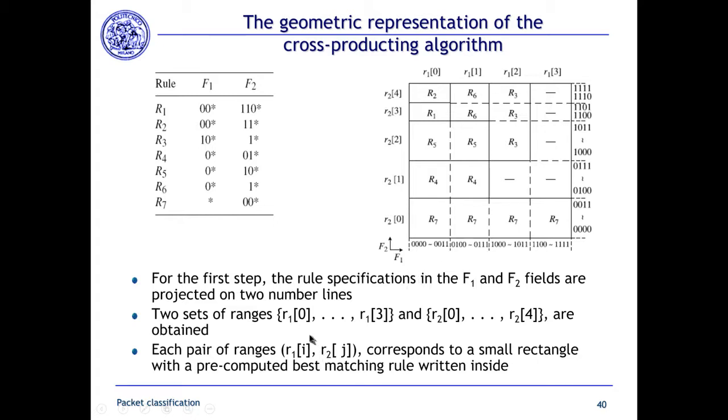So we identify all the non-overlapping segments or ranges, and then for each of these ranges, we will identify a tile here where we know what is the winning rule. Okay, this is already calculated here in the array in the table, so in the plane. So you can immediately build the pre-constructed table.